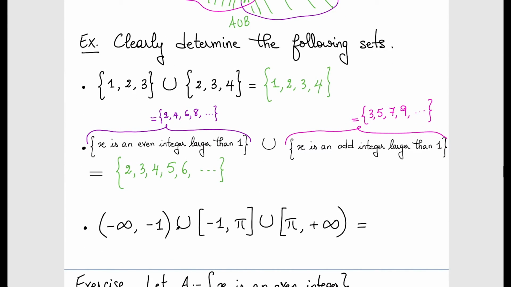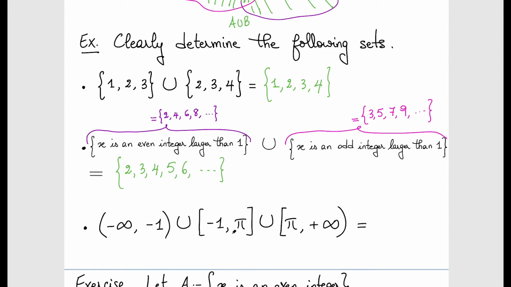Okay, so lastly, for this exercise, you have a union between three sets. Minus infinity to minus 1, union minus 1 to pi, union pi to plus infinity. Pay attention here. Minus 1 is not part of the first set.